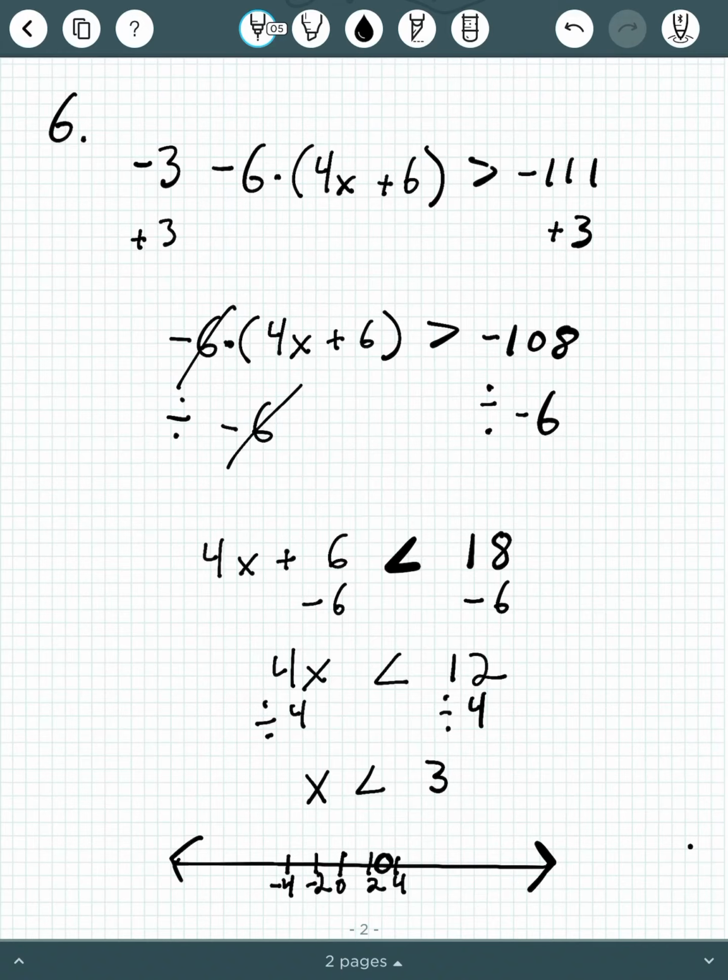But let's do that test value of 0 again. So if I put 0 into my original inequality, this one might take a little bit more math. So let's jump down to the next page, excuse me, for a second. If I write that original inequality with 0 in it, it'll be negative 3 minus 6 times (4 multiplied by 0 plus 6) is greater than negative 111.